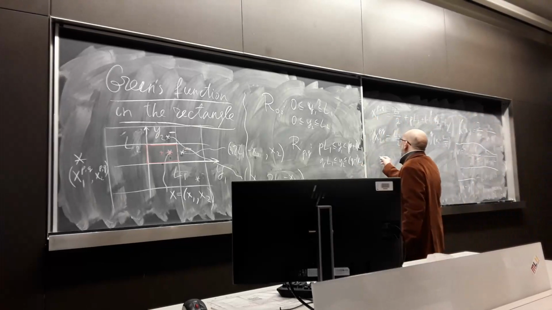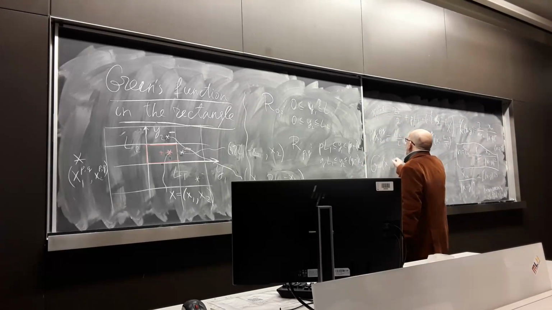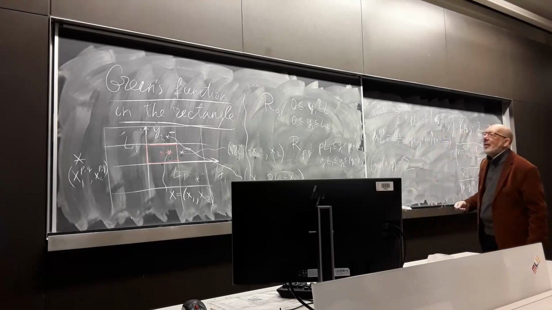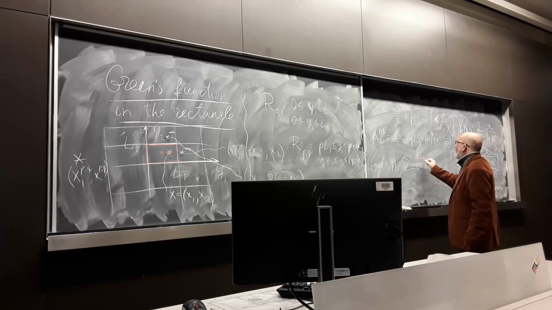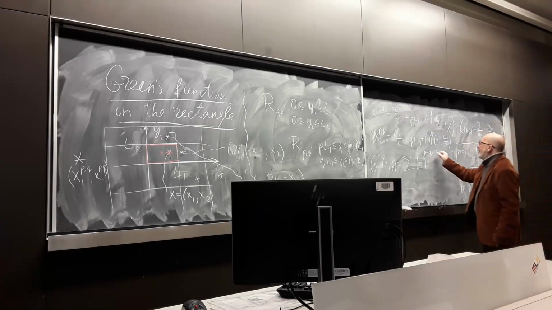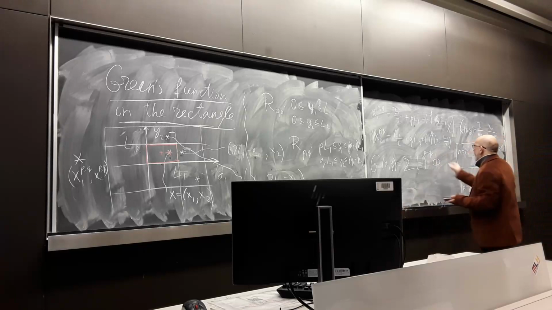So let us write g of xy equals the sum of minus 1 to the power p plus q, because any change of p or q by 1 leads to a change of sign, times phi of x pq minus y.